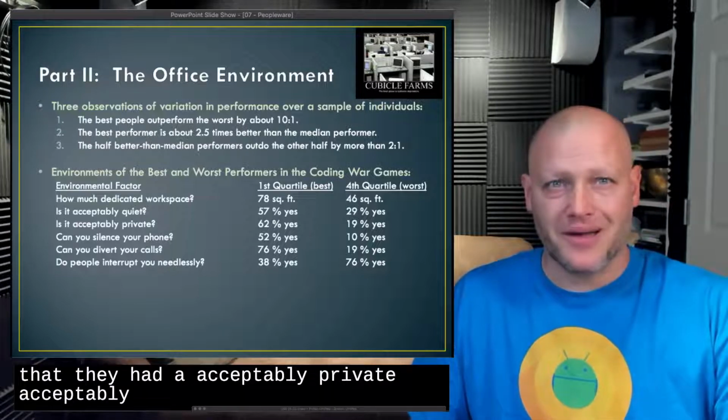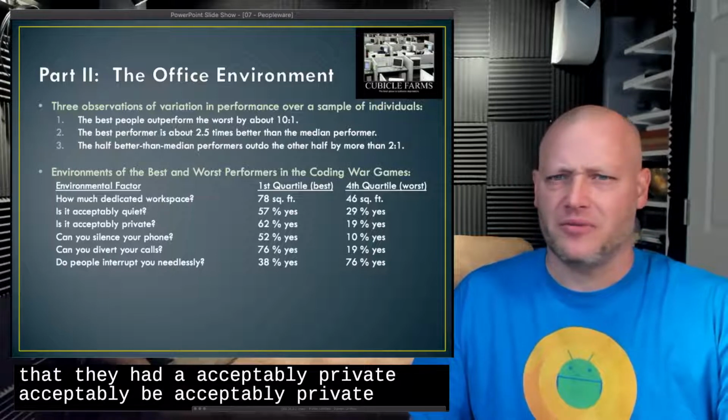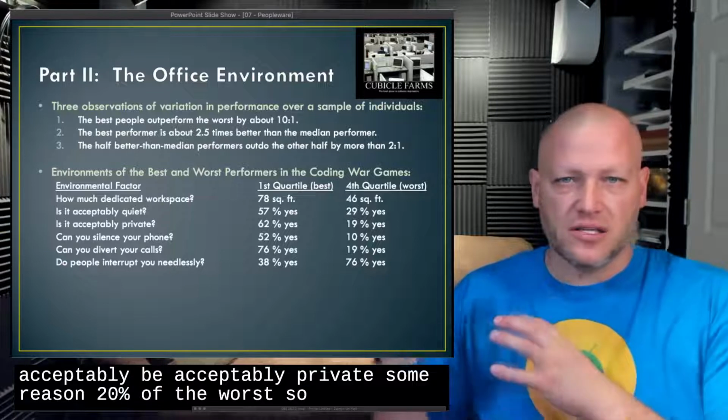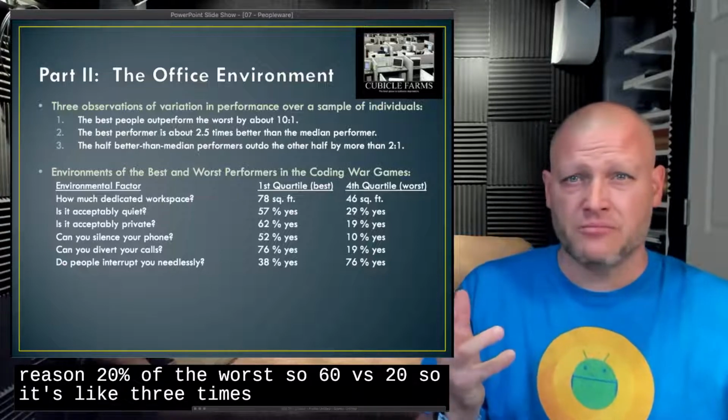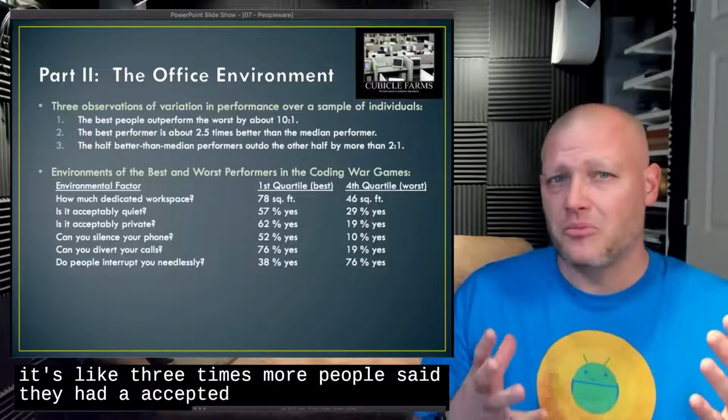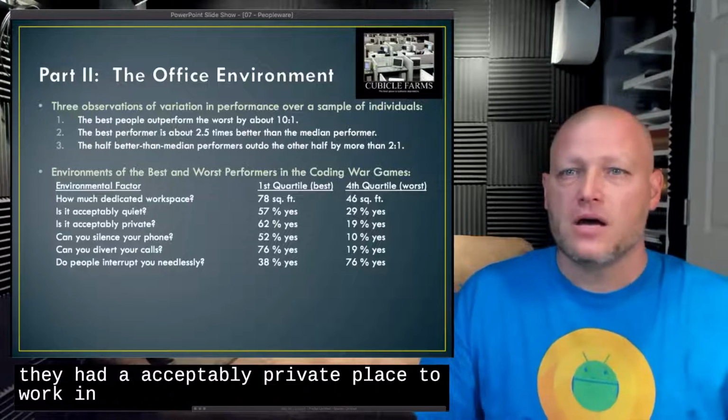It's hard for me to say that word for some reason. Whereas about 20% of the worst, so 60 versus 20. So it was like 3 times more people said they had an acceptably private place to work in.